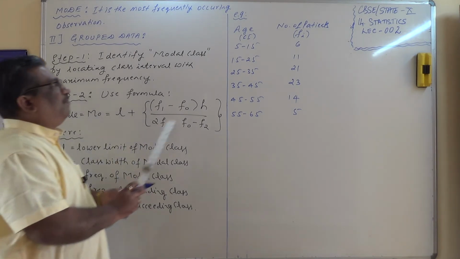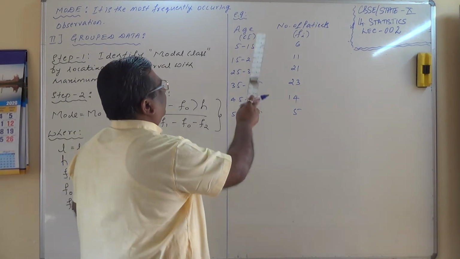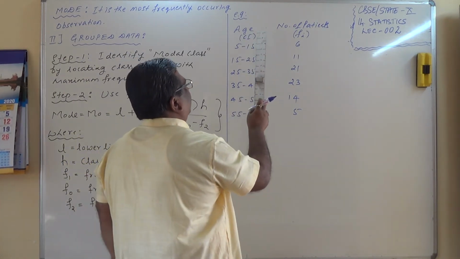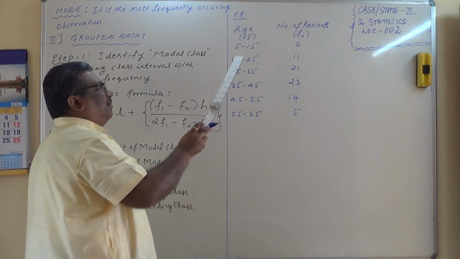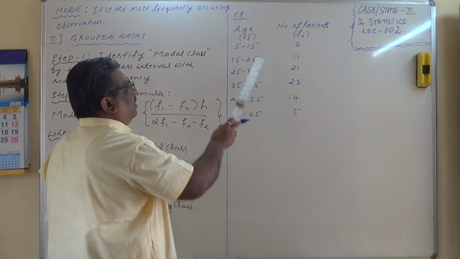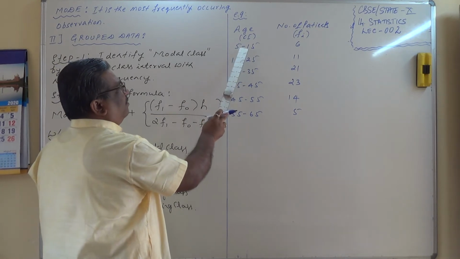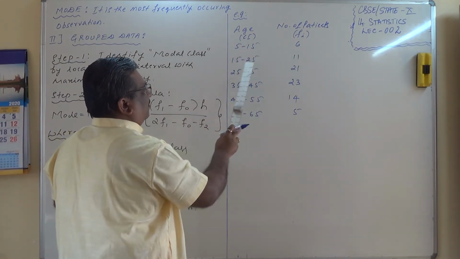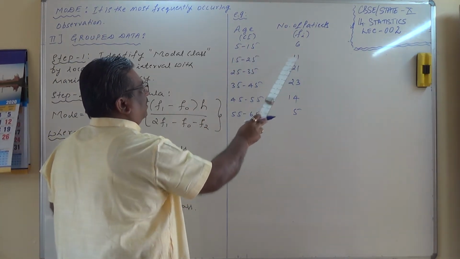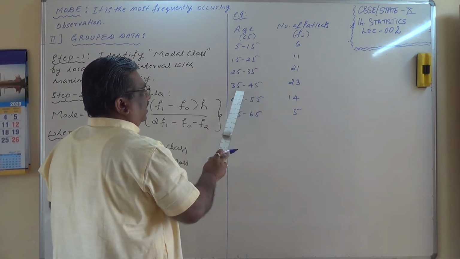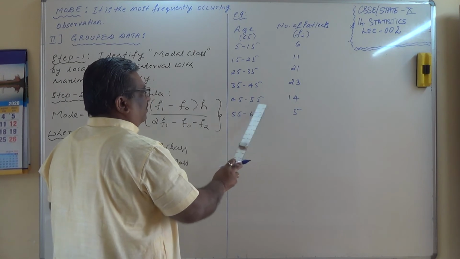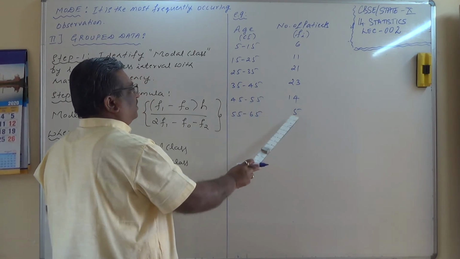So I am taking one example over here, and this is the number of patients admitted to the hospital, categorized based on age. Age between 5 and 15, 6 patients; 15 to 25, 11 patients; 25 to 35, 21 patients; 35 to 45, 23; 45 to 55, 14; 55 to 65, 5.